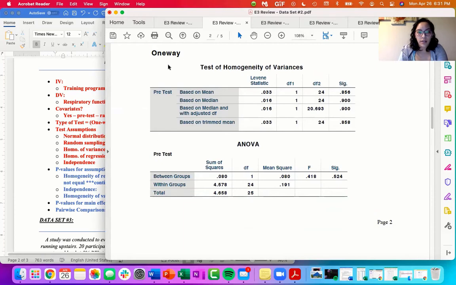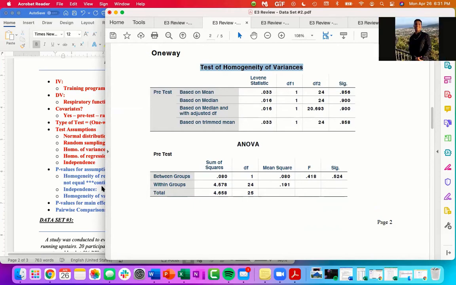But we've got our one-way ANOVA here. We would look at our homogeneity of variance for the one-way ANOVA. Again, this one is not what you report for the actual homogeneity of variance assumption for the ANCOVA.